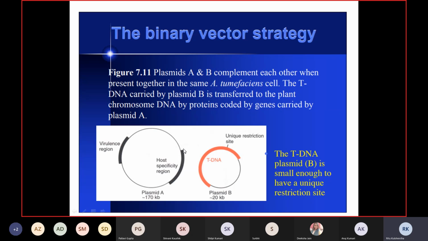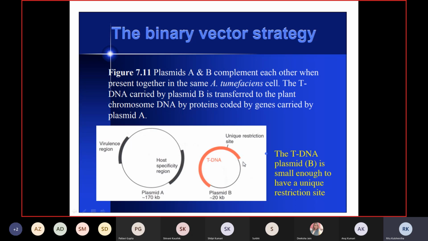Even the TI plasmid also has a host specificity region, which tells you that the agrobacterium cannot infect all the different types of plant cells, but rather it has certain specificity. So this is for your information. And obviously, if the virulence region is not there, this region cannot be transferred.